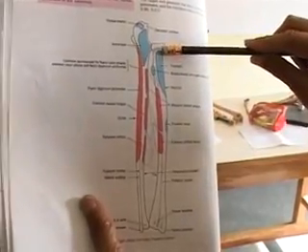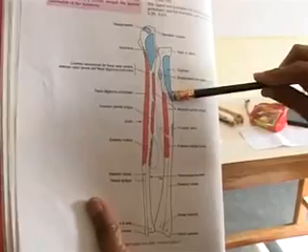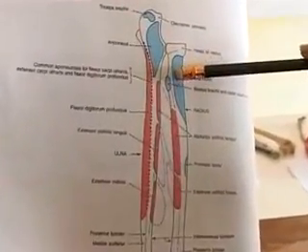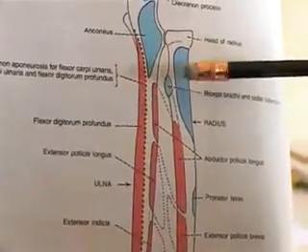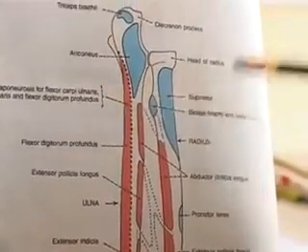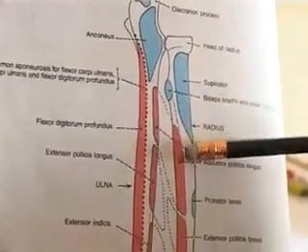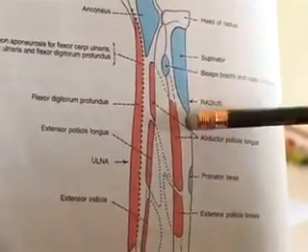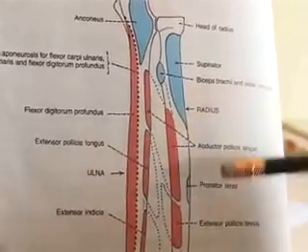The posterior surface of radius also shows the insertion of the supinator, as well as on the radial tuberosity the insertion of biceps brachii. In addition, there are muscles arising from the posterior border and posterior surface.